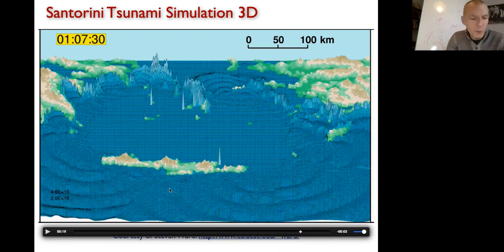So another simple message to take home: tsunami waves as gravity waves can be generated by asteroid impacts, let's hope not, landslides, and explosions. For example, you may have some volcanic explosions. One occurred on Stromboli Island here in Italy a few years ago.